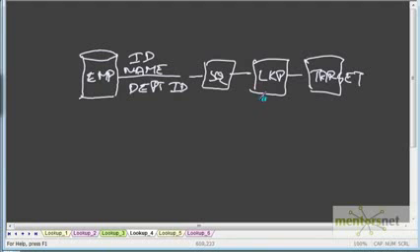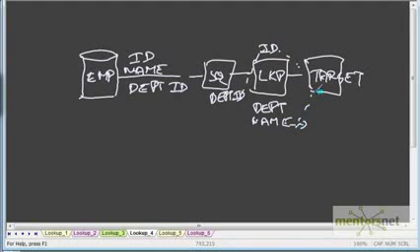So this lookup table could be department, and it has ID and name fields. I am passing department ID from here as an input to this lookup and getting this in the output. So I can populate ID, department ID and department name into the target.